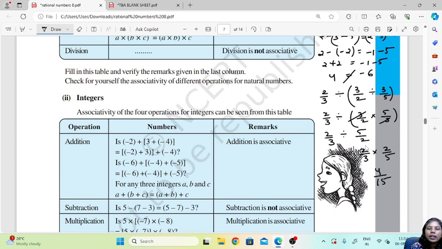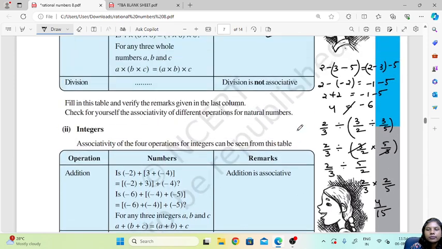Now let's look at the other way round. So other way round would be 2 by 3 divided by 3 by 2. So we'll get a bracket and division 3 by 5. So in this case 2 by 3 into 2 by 3. So divide by 3 by 5. So 2 2s are 4 upon 3 3s are 9.